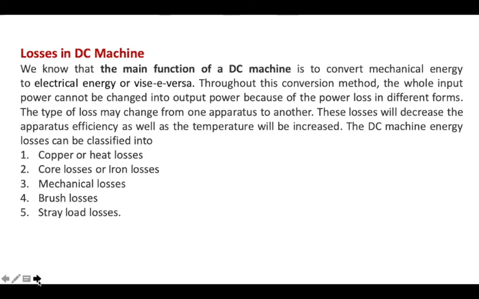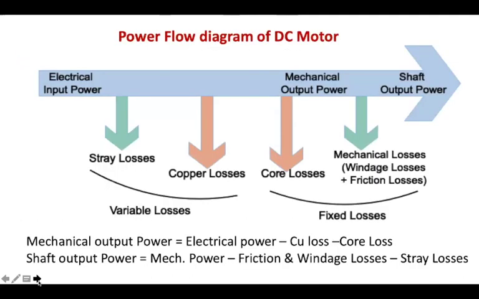And the stray load losses: as the load increases, the work done has to be more, and therefore you have the stray load losses. So electrical losses are copper loss, core loss and brush loss, and mechanical losses are friction, windage and stray load losses. But out of these, core loss, mechanical loss and brush loss are fixed losses, while the copper loss and stray load losses are the variable losses.